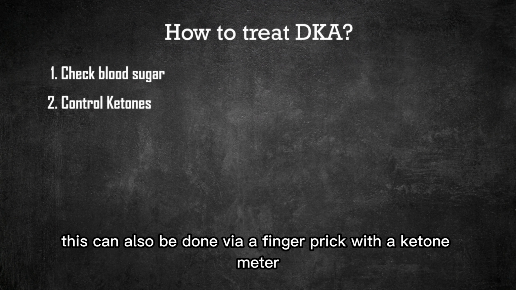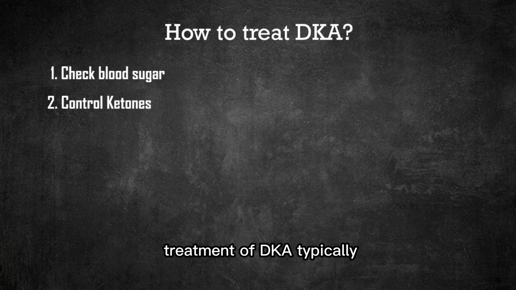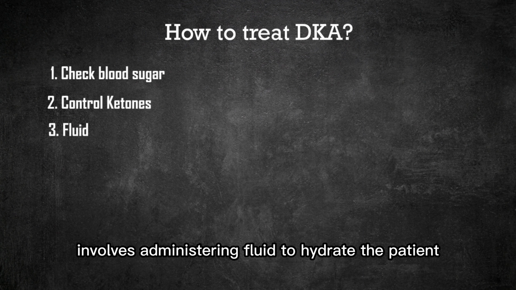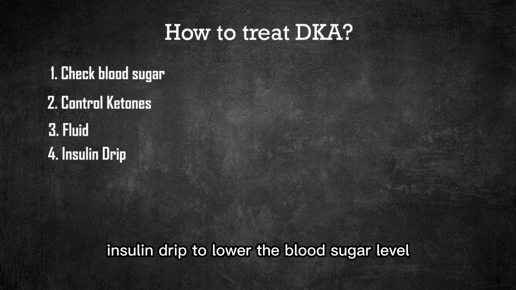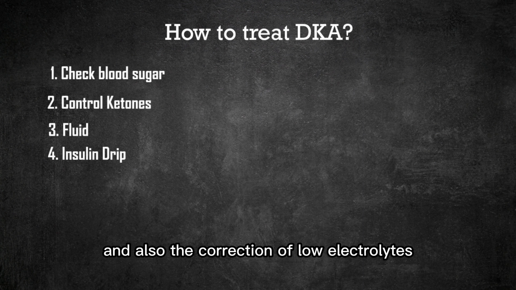This can also be done via a finger prick with a ketone meter. Treatment of DKA typically involves administering fluid to hydrate the patient, an insulin drip to lower the blood sugar level, and also the correction of low electrolytes.